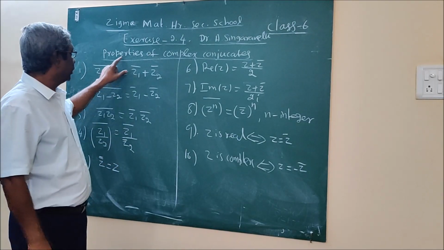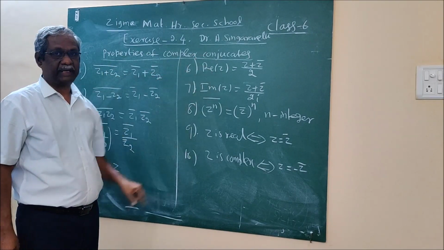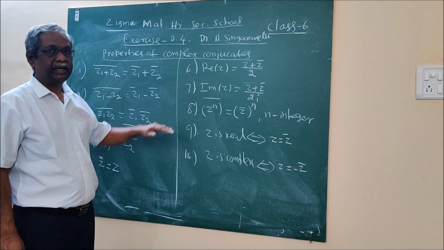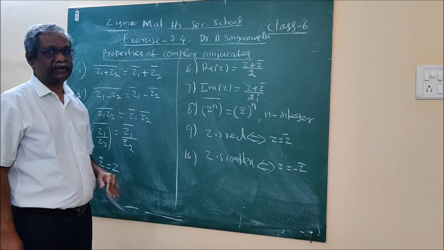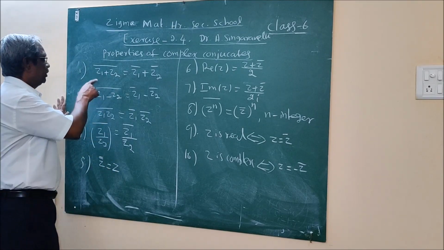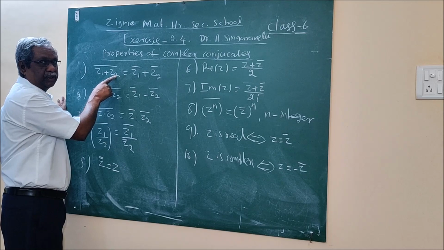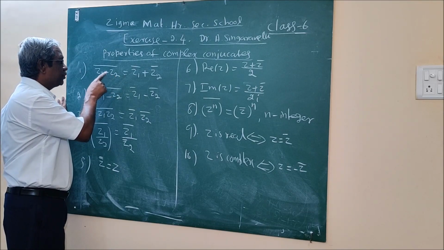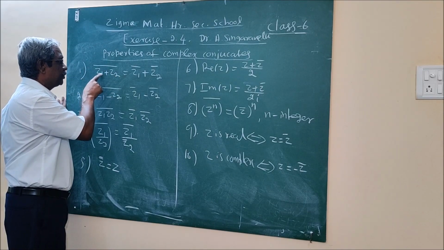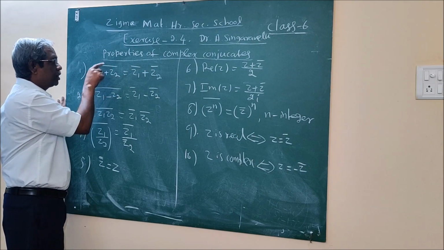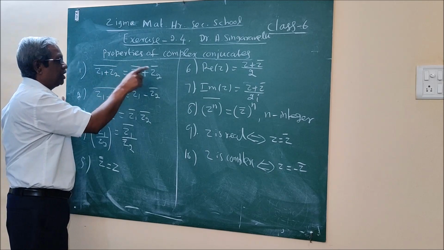Next step. Properties of complex conjugate. If Z is a complex number, Z bar is its conjugate. So what are the properties for that Z bar? For the sum Z1 plus Z2, the conjugate of Z1 plus Z2, the whole bar, is Z1 bar plus Z2 bar.